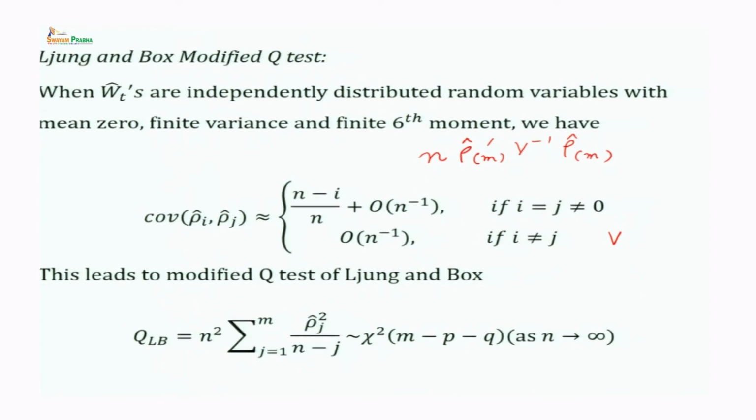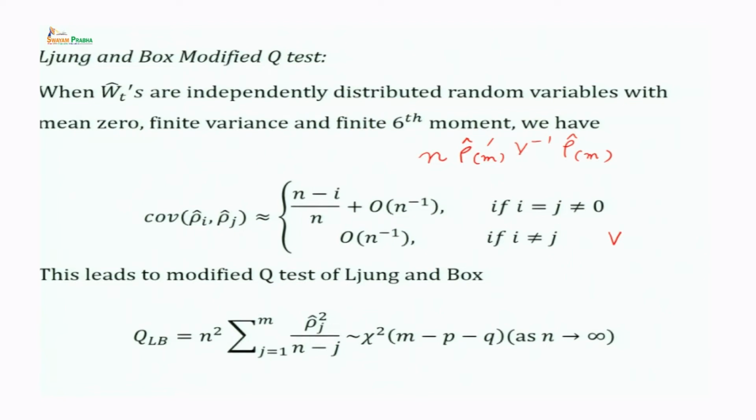So, again you can form a test for testing the hypothesis H naught that rho 1 is equal to rho 2 equal to so on rho m equal to 0 using this statistic, the modified Q statistic.